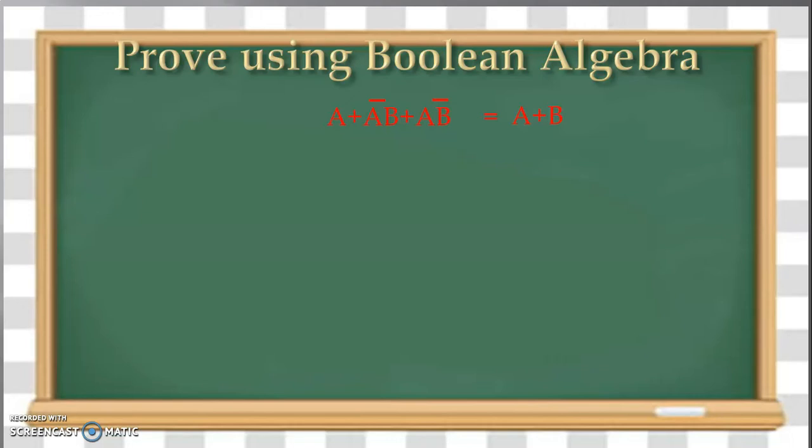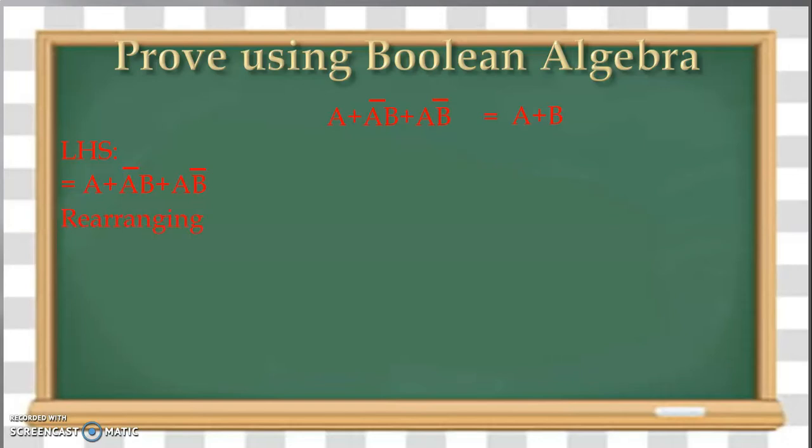It is very simple. First we start with the left hand side, A plus A bar B plus AB bar. This is also one form of a Boolean equation, and that is known as a sum of products.